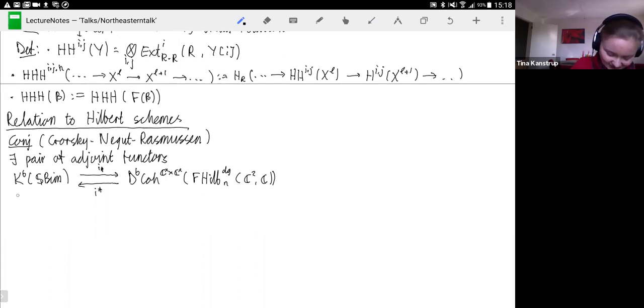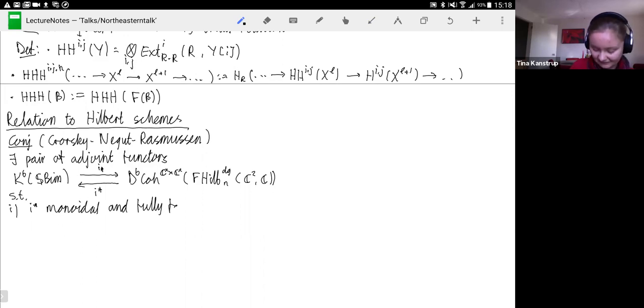Okay, such that the first condition is that this is monoidal and fully faithful. Which is nice, but the most interesting part is that it can be used to compute triply graded homology.